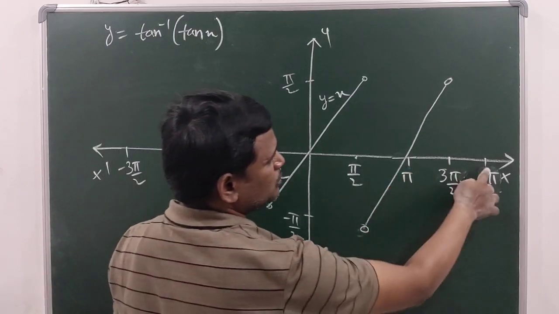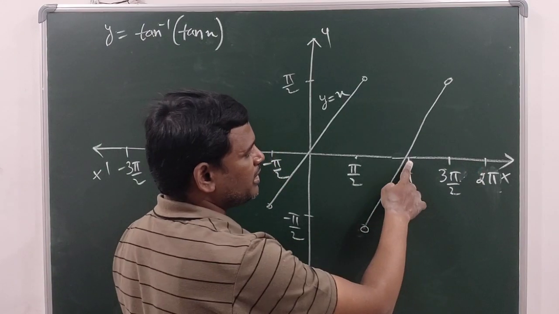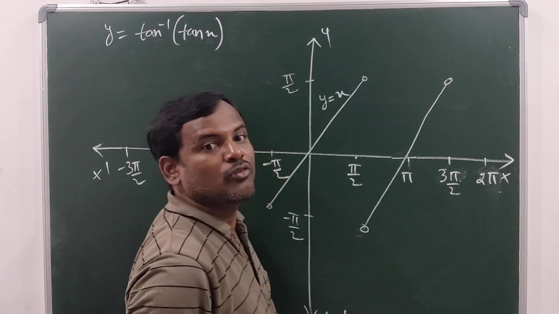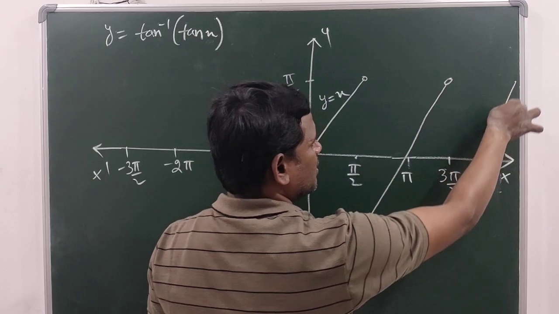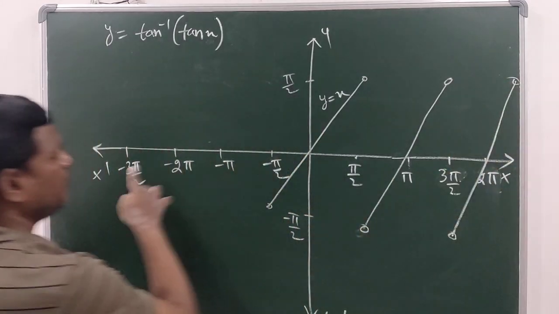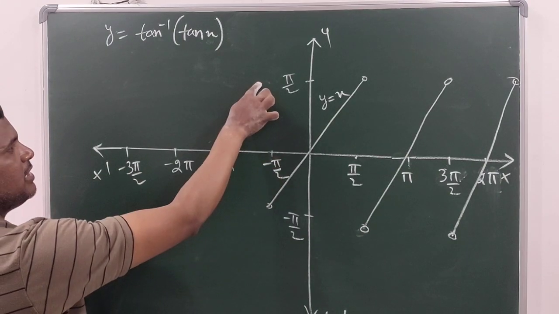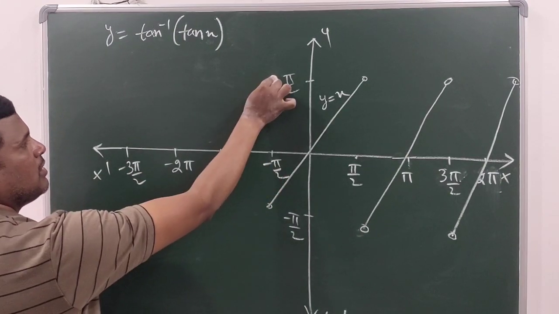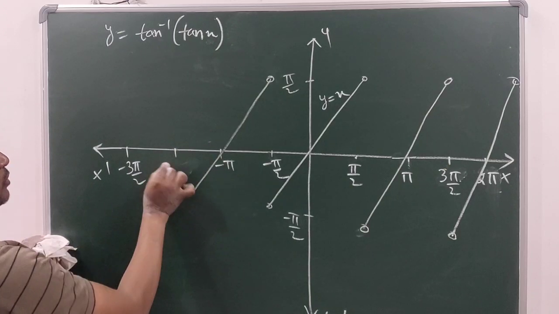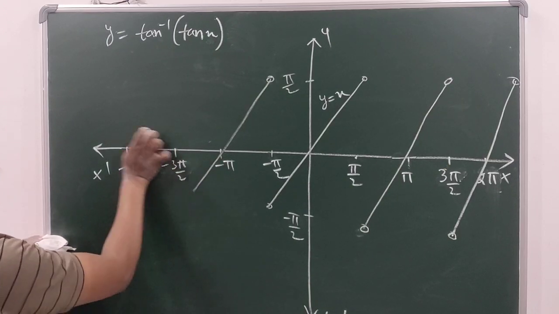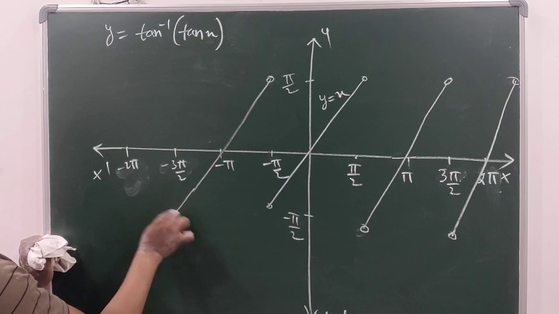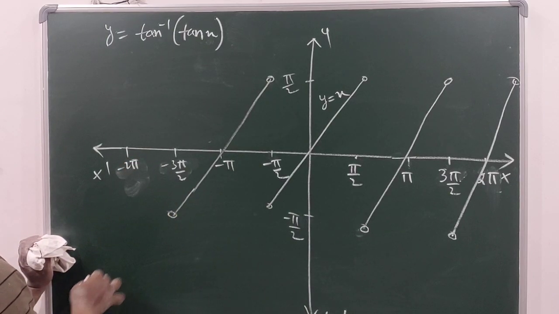If x belongs to more than 270 and less than 450 degrees, you get a graph like this. Open circle, open circle. When you move here, 90, open circle. Here also 3 pi by 2, here minus 2 pi. Open circle. Okay, next.